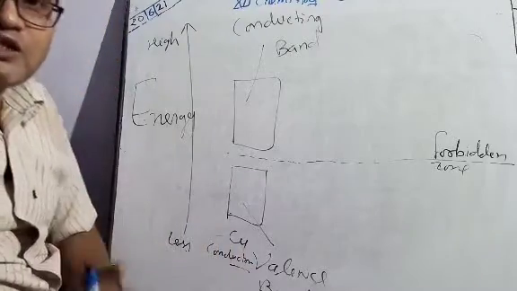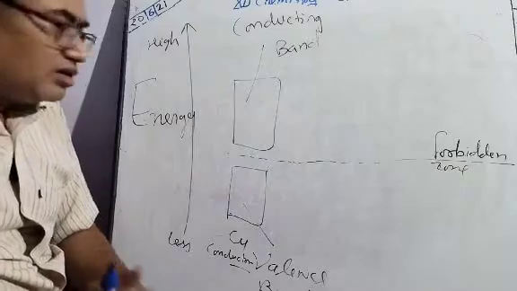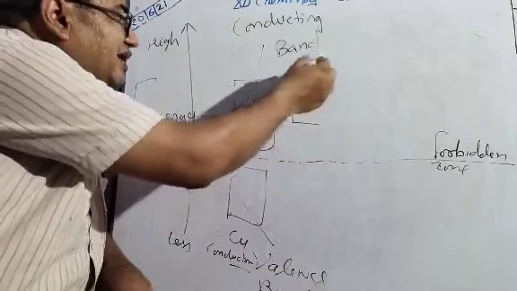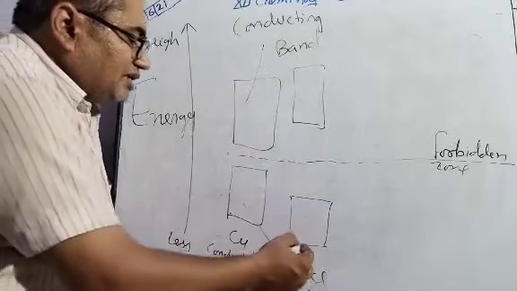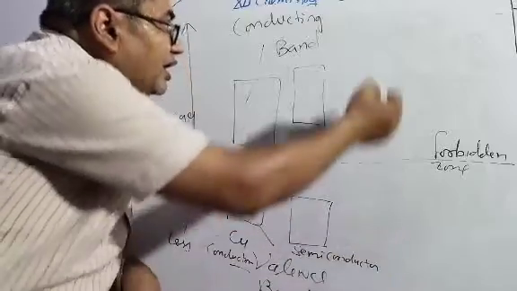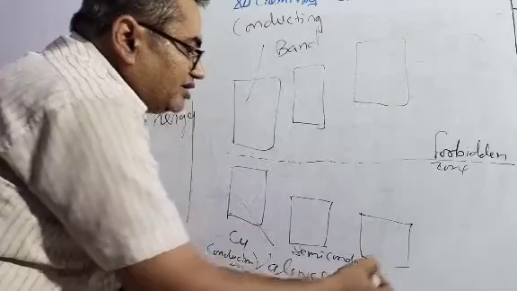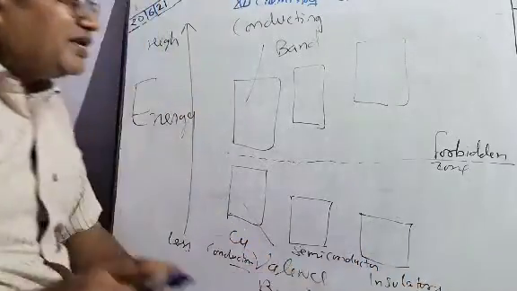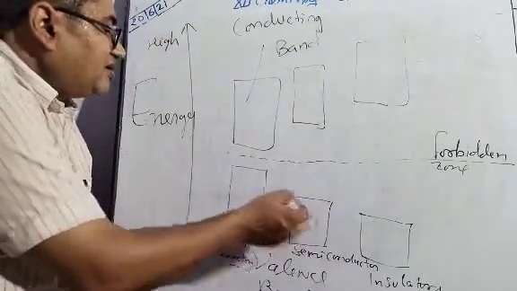Because we know that there are three kinds of materials: conductors, insulators and semiconductors. Semiconductors have this kind of band, but semiconductors and insulators have this kind of gap. It means that an insulator has a very large gap between the valence band and the conduction band.